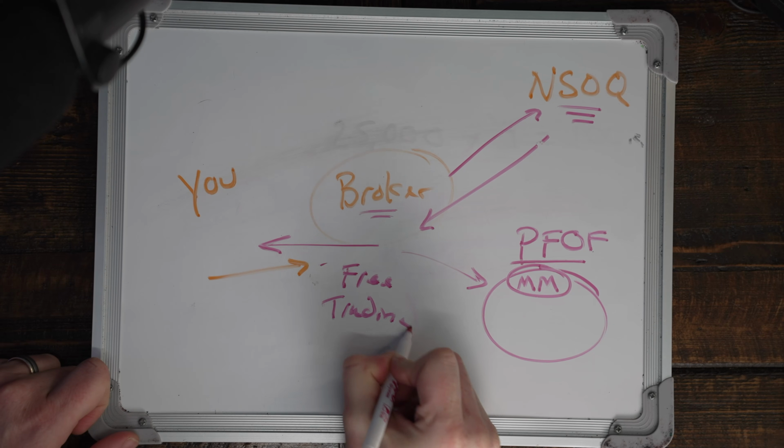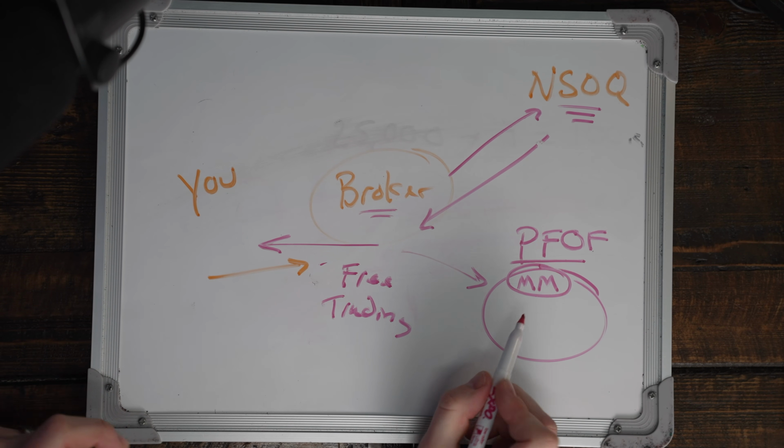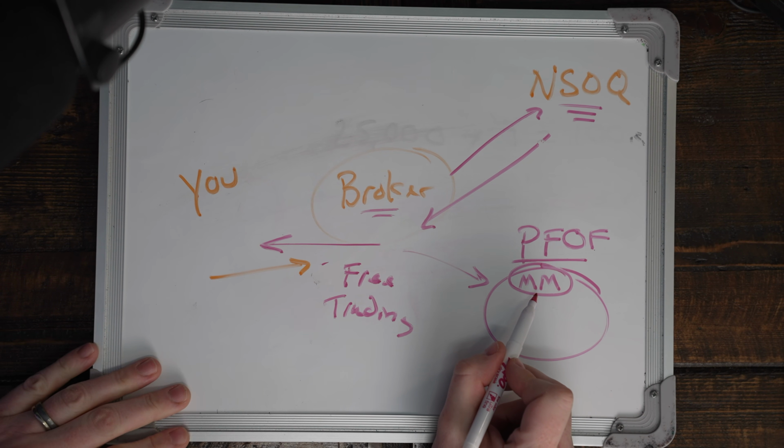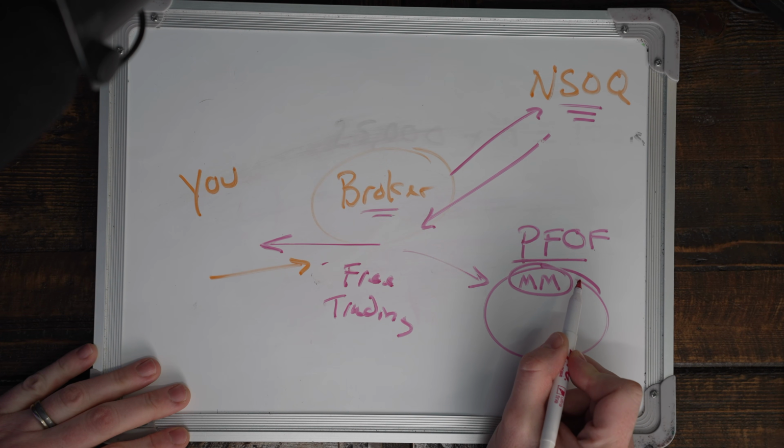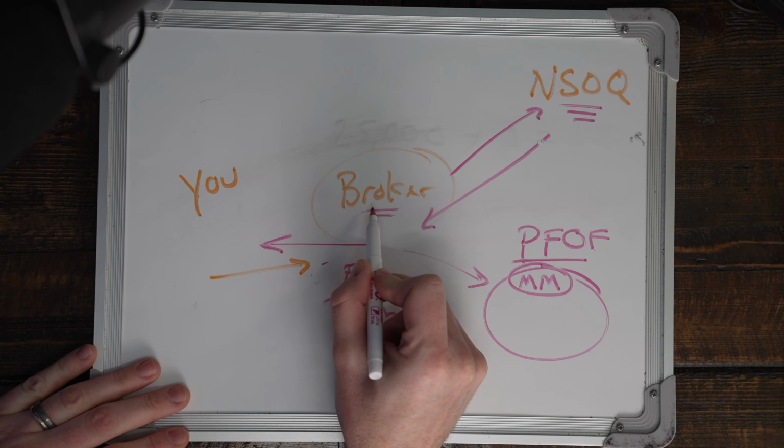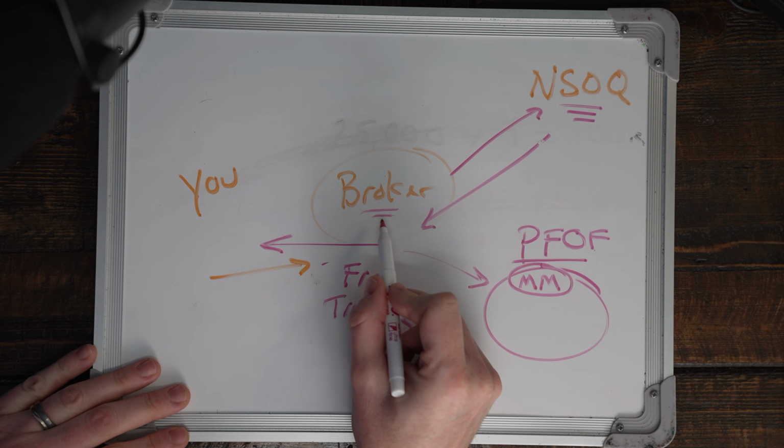The only problem is there's a little conflict of interest here, which is that the market maker is not incentivized to actually give you the best price. Their incentive is to make the most money. But still, they have to give the broker some profit as well. So they need to make some money, the broker needs to make money.